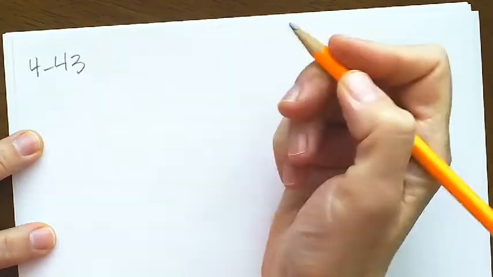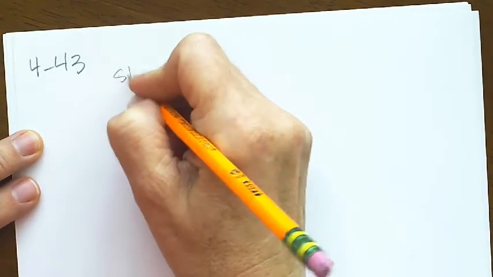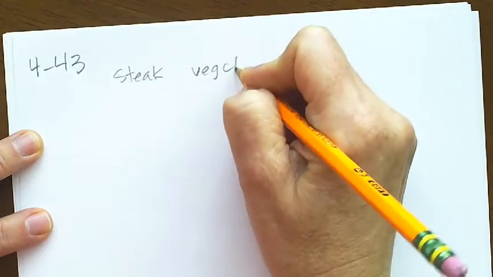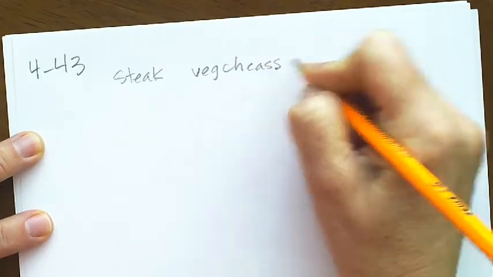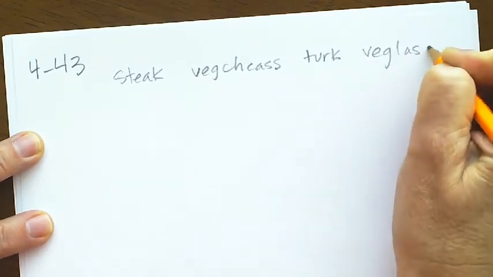Okay, so you probably guessed that there's 12 combinations, but let's just go ahead and sketch it out. Steak, vegetable cheese casserole, turkey burgers, and vegetarian lasagna.